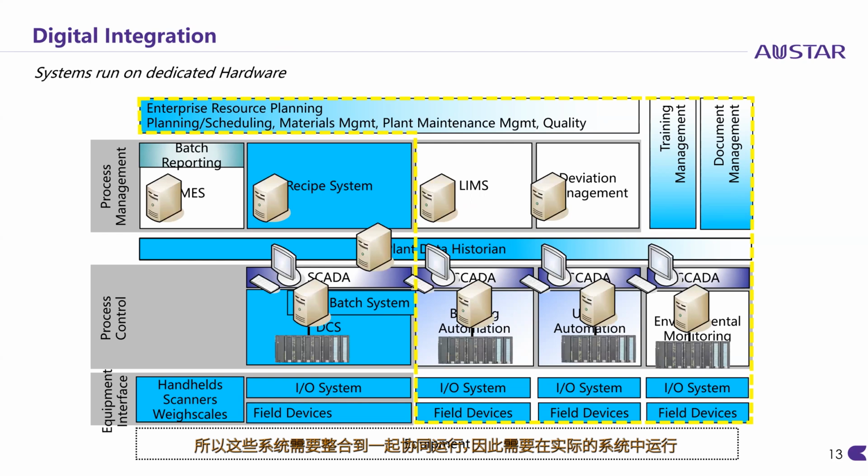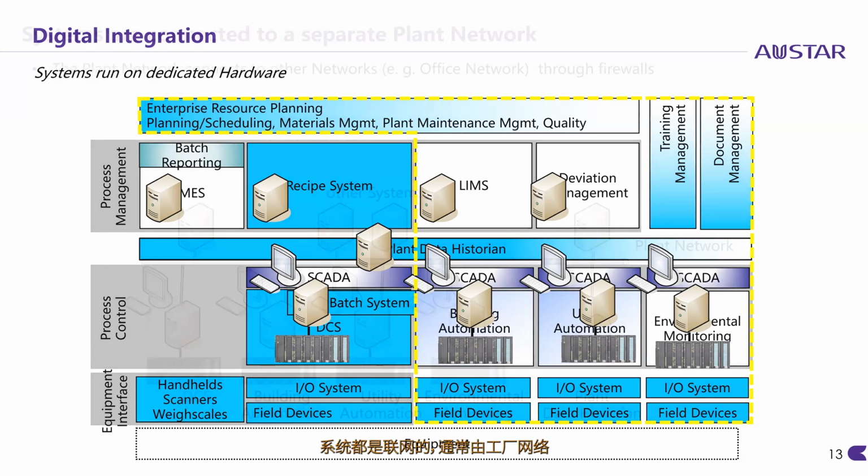They run on real systems, which in the old times were always dedicated hardware. Today, digital transformation can be helpful in the sense that some of these systems don't need separate servers, but can be virtualized in big data centers, which makes their operation more efficient.